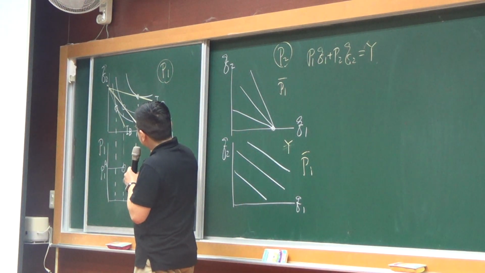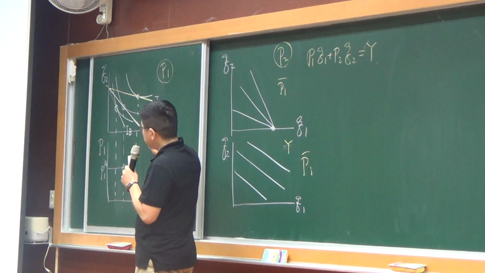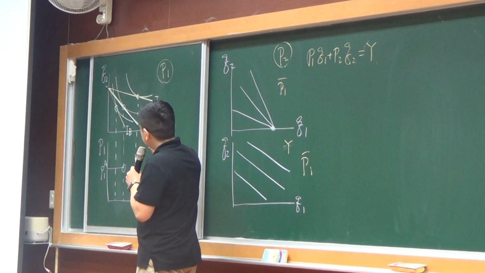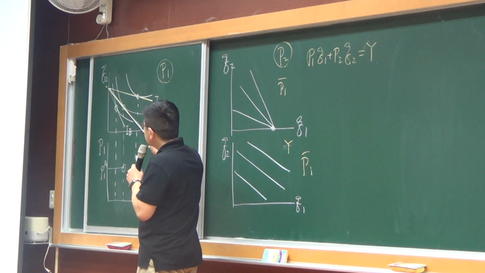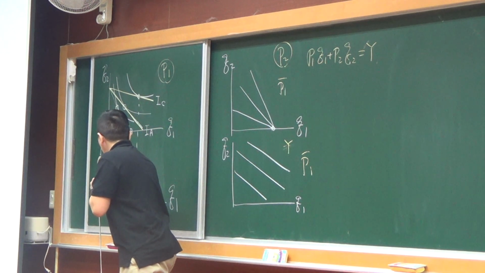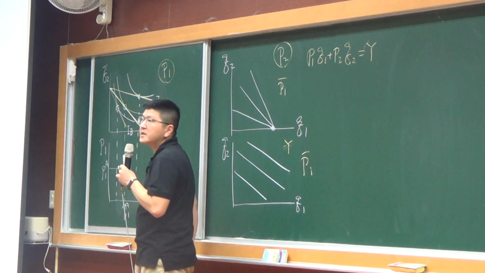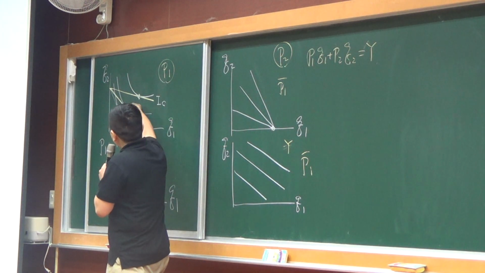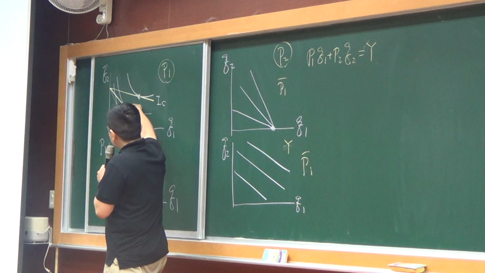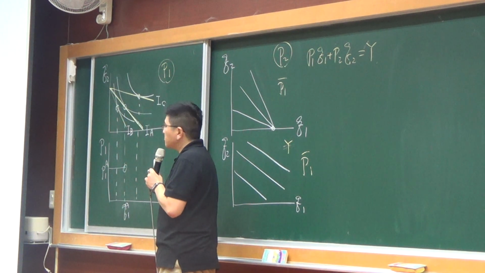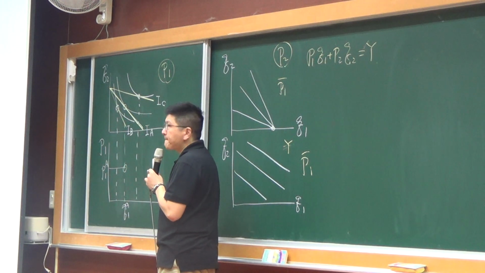What do you think, if initially the budget constraint is IA, then the optimal solution in this case would be Q1A, right? This would be Q1A. And the corresponding price is denoted by P1A.